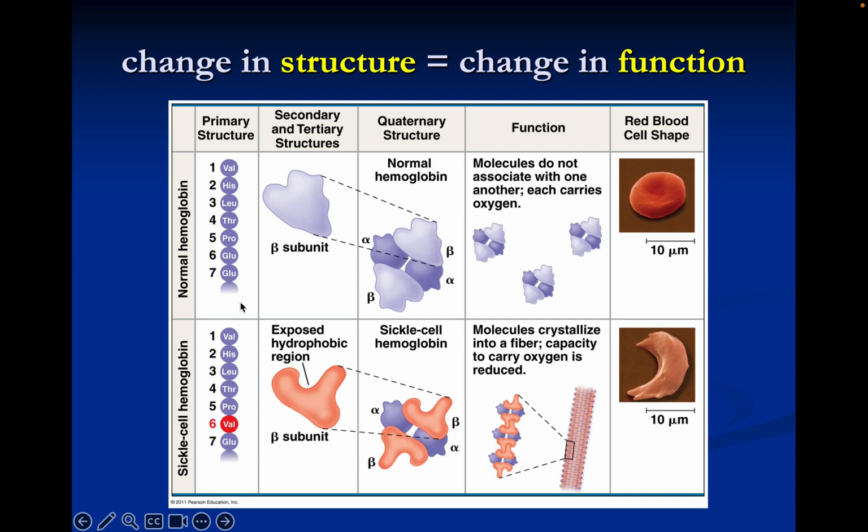They have a valine instead of a glutamine. And a change of just that one amino acid changes the end result enough so we get these crescent moon-shaped, sickle-shaped cells. These cells are not nearly as good at carrying oxygen through the bloodstream as a red blood cell that's round. So the consequence of this change of just a single amino acid is very severe.